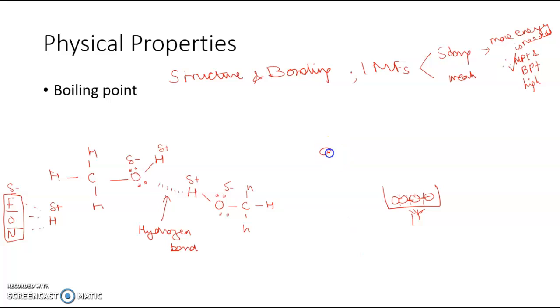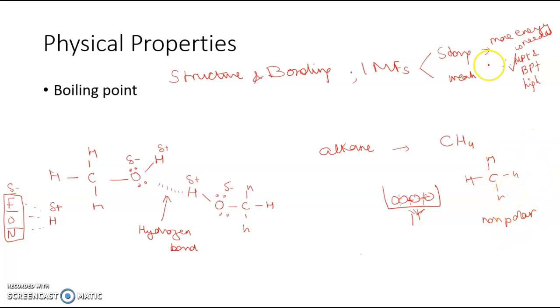Now, what sort of boiling points would alkanes have? Let's take an example, CH4. So CH4 has carbon and hydrogen bonds. Carbon and hydrogen have similar electronegativity, so the bonds are non-polar. So straight away you know these are covalent bonds, so the structure is simple molecular.